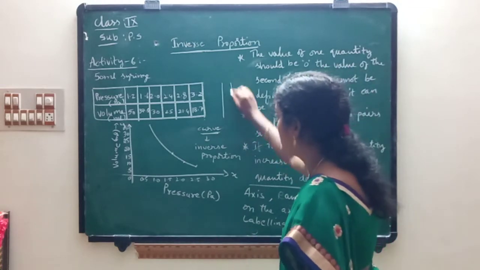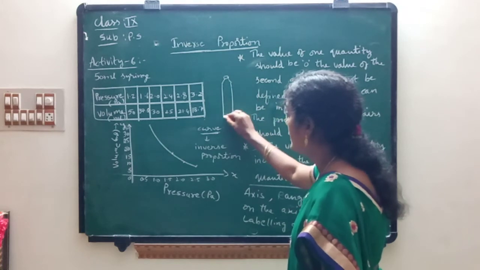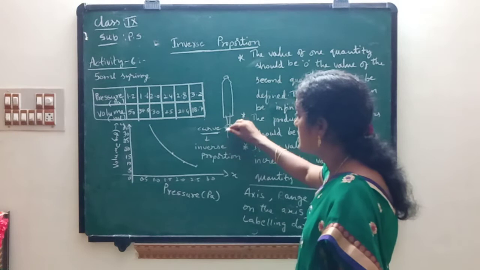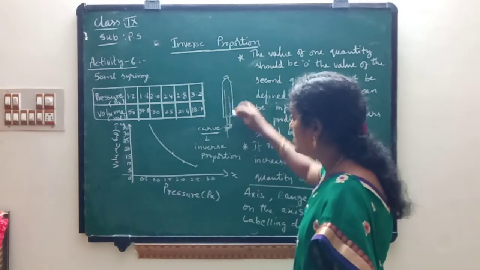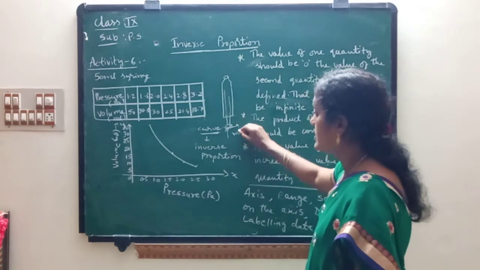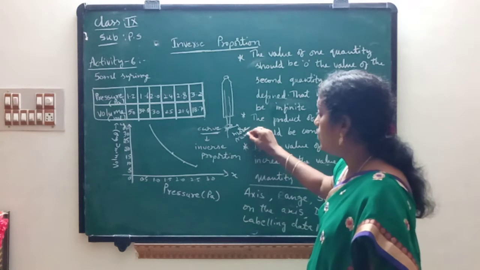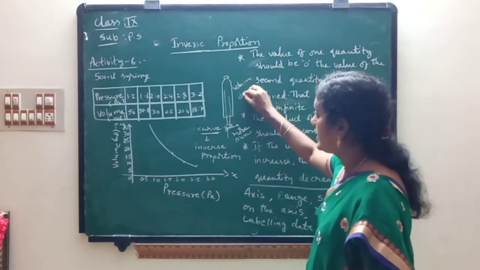So children, this is a syringe. If it is like this, then at this end we have to push. When you push the plunger in, you are applying more pressure. If you apply more pressure, what happens? The volume inside decreases. Why?